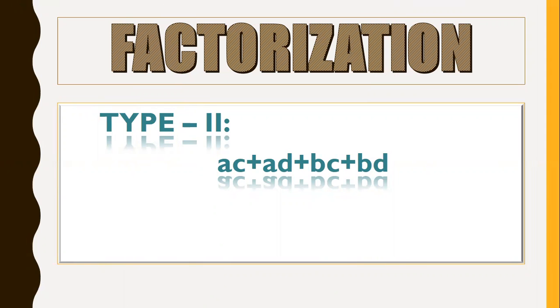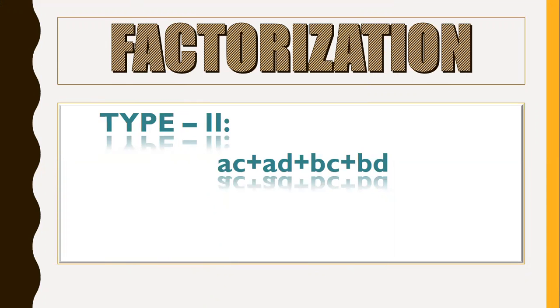At the end, in the third or fourth step, we get complete factorization. In type 2, we have AC plus AD plus BC plus BD. In the polynomial, four terms are given and we make partners according to our requirement.